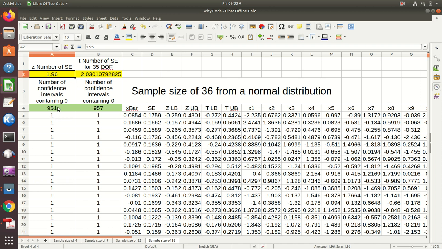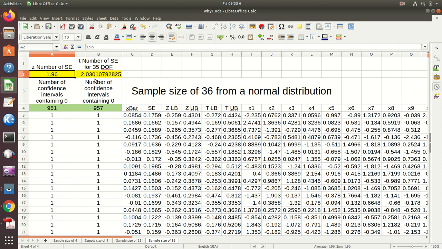I can just use a normal distribution. It's close enough. And again, the rule of thumb for a 95% confidence or an alpha of 0.05 is a number about 2, and both of these numbers are about 2. And actually, this one is closer to 2 than that one is.